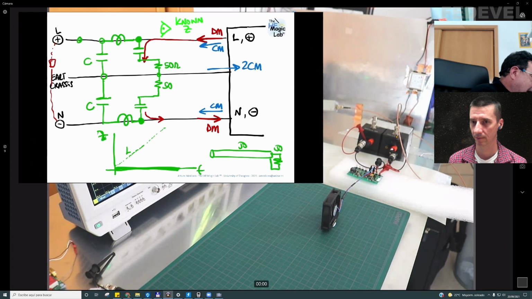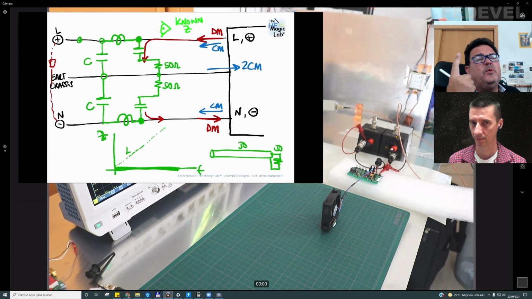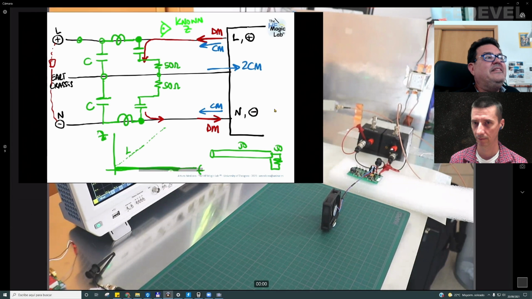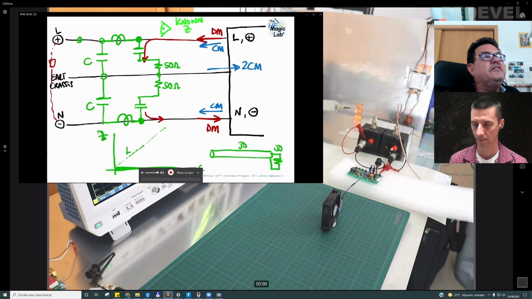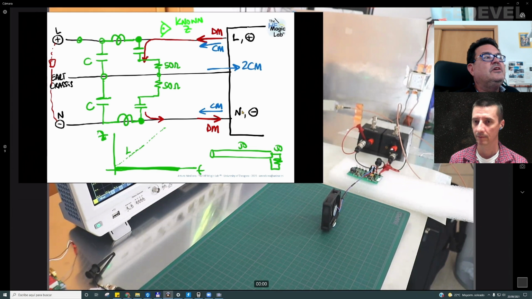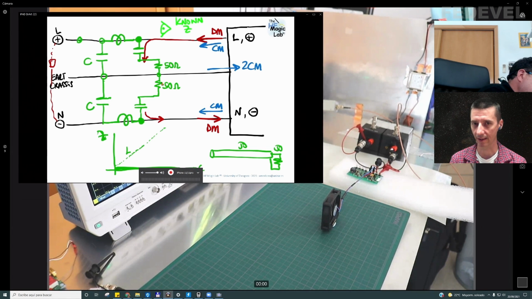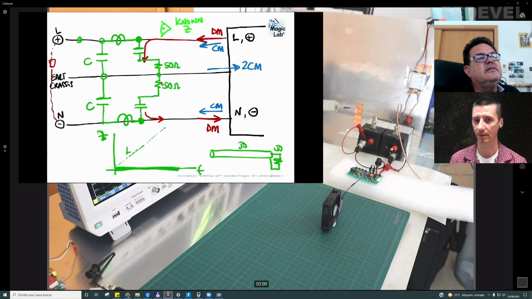Because we only have one instrument, one spectrum analyzer, while if you are measuring this line, the noise, for example, in the positive line, you connect the connector to the instrument, and the other is terminated. You can see here that I have a 50 ohms termination. So in this way, the system is symmetrical. And this is how you basically need to measure it.